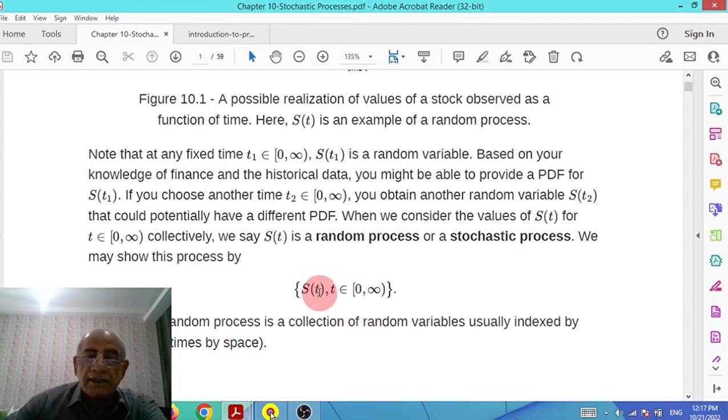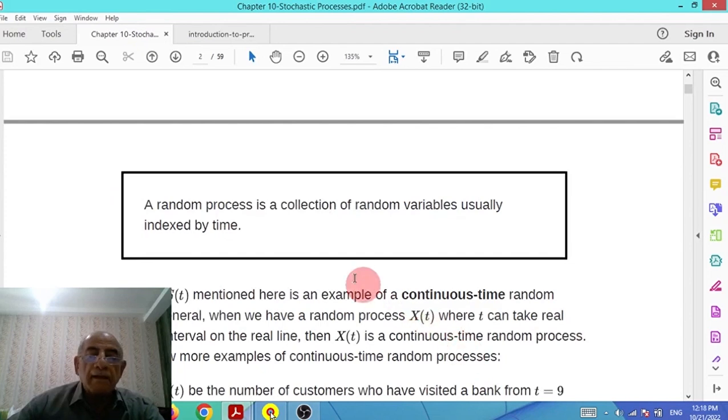T may be time, may be space. So the definition of a stochastic process: a random process is a collection of random variables usually indexed by t.